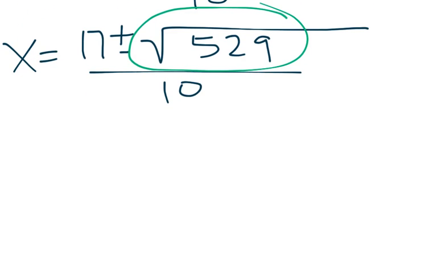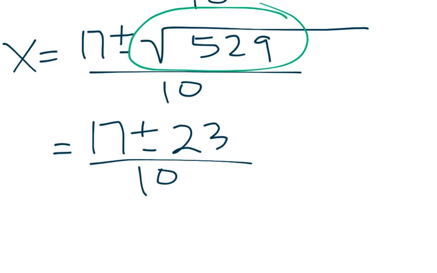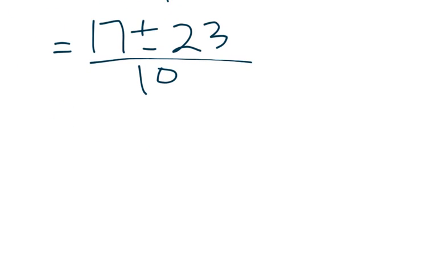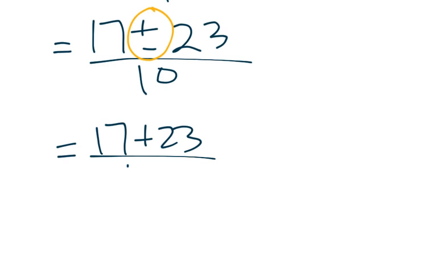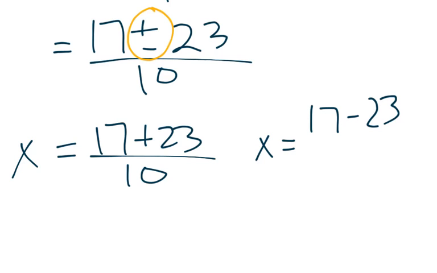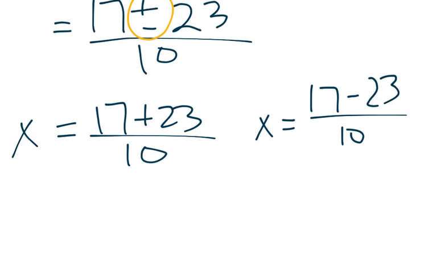So we have x equals 17 plus or minus, and the square root of 529 is 23 over 10. So now we are going to split up this equation into two different equations. So we have x equals 17 plus 23 over 10, or x equals 17 minus 23 over 10.